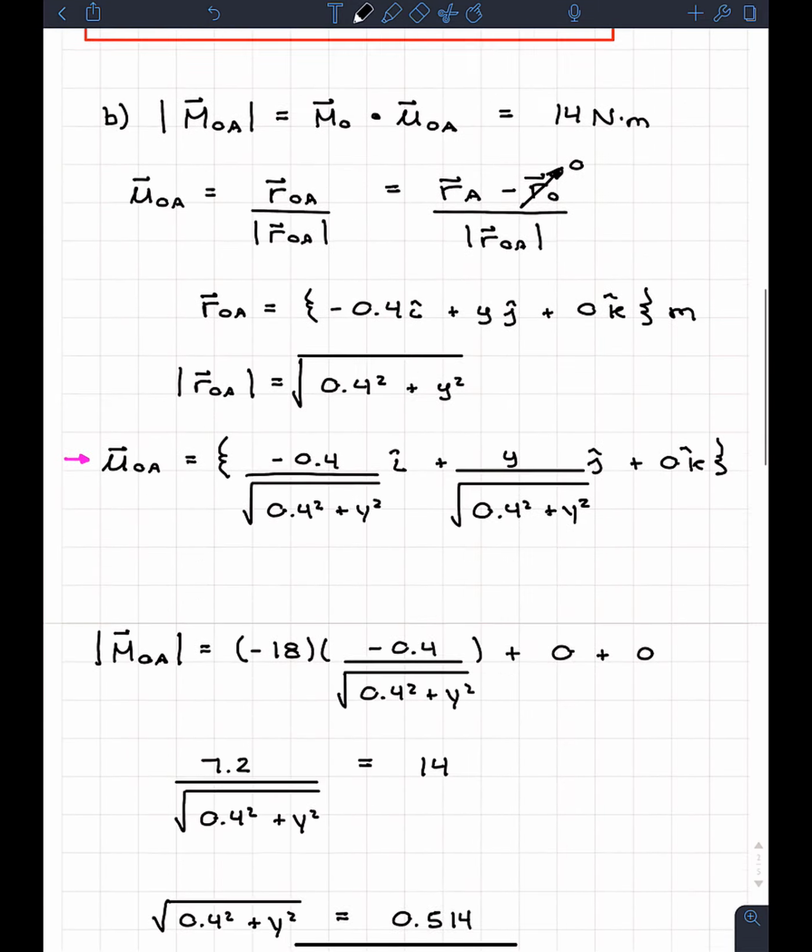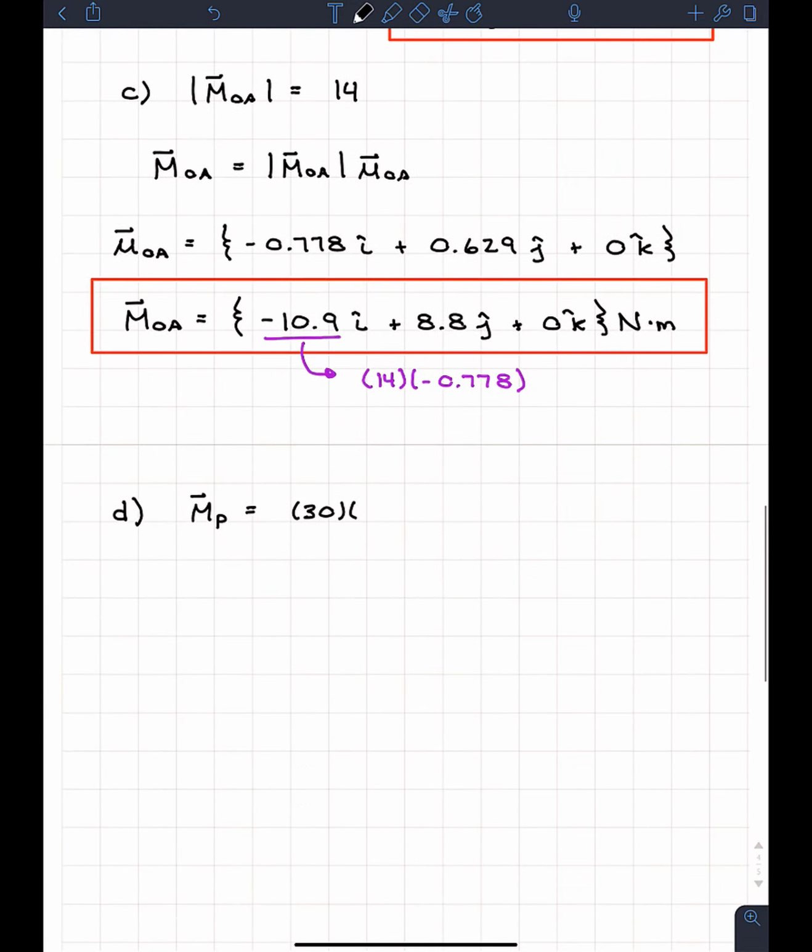We got it as 0.323. When you throw that in your calculator, you end up getting negative 9.7 newtons times meters. I kind of blew it, but what you get is 9.7.